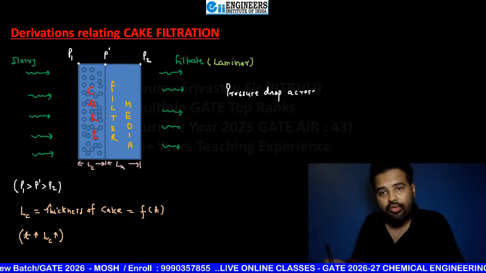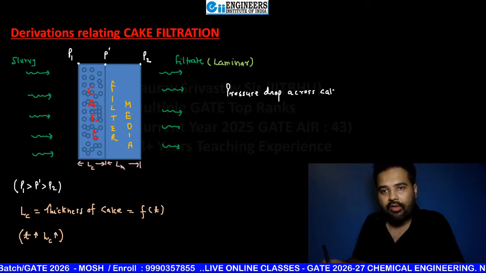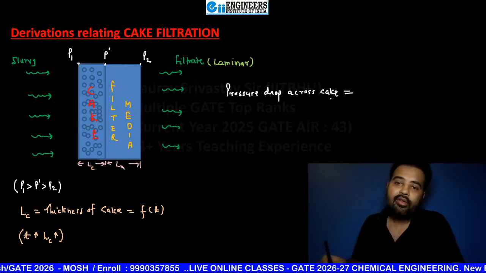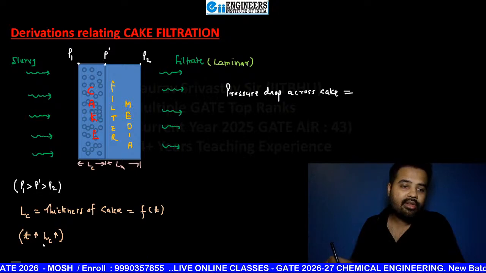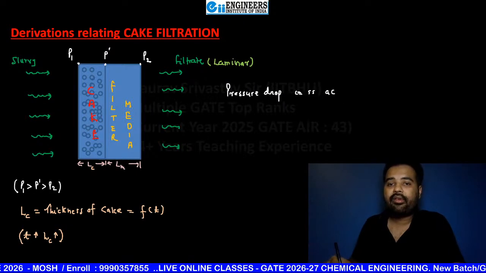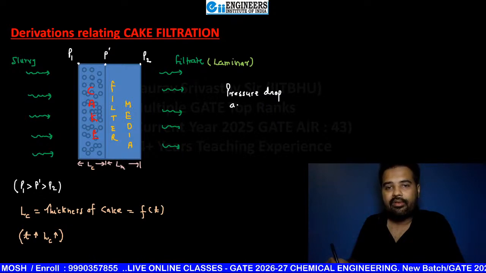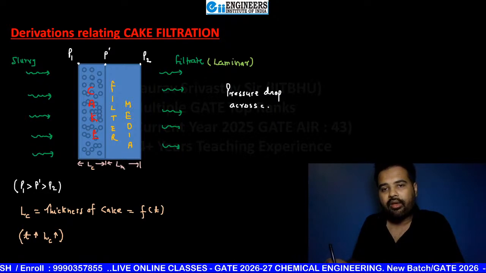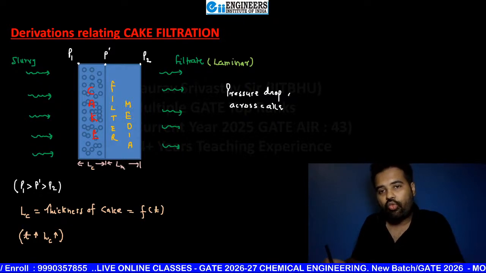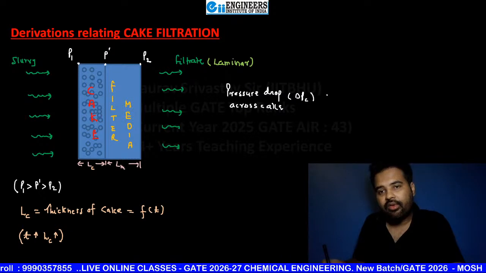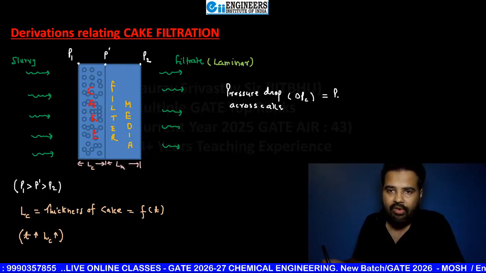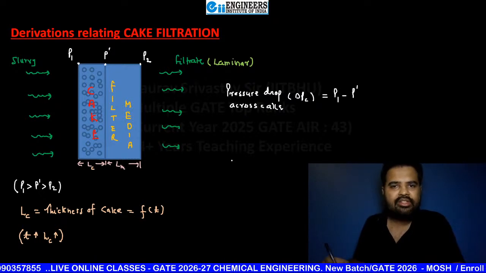Suppose I am representing it by delta PC across the cake. So what is this delta PC? It's nothing but P1 minus P dash. Very, very easy to write.